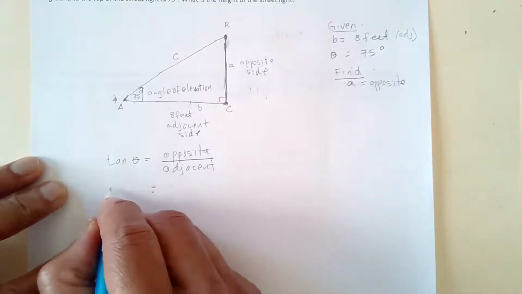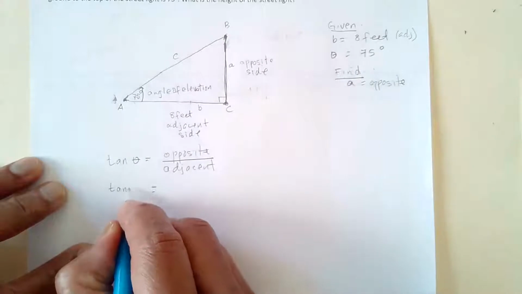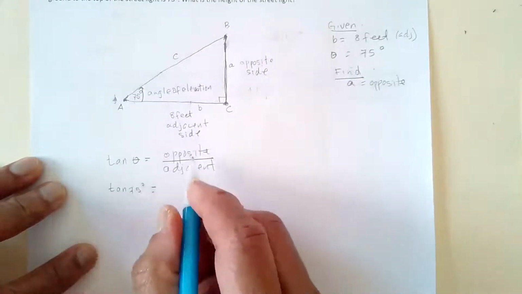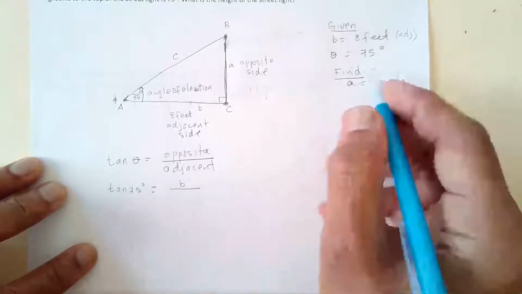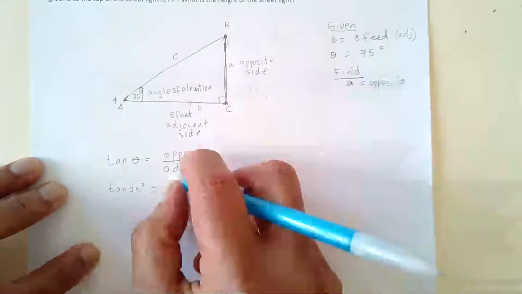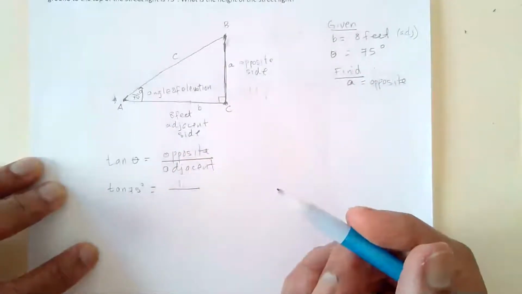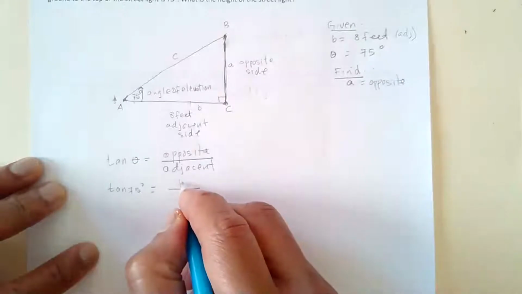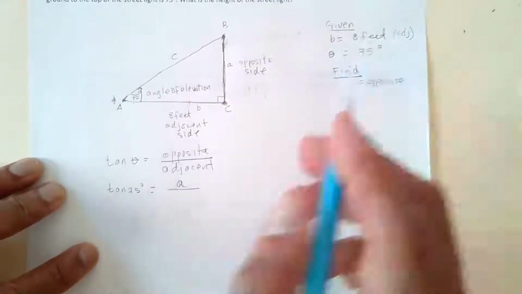So we have tan 75 degrees. The opposite we don't know, so it's A. But B is 8 feet.